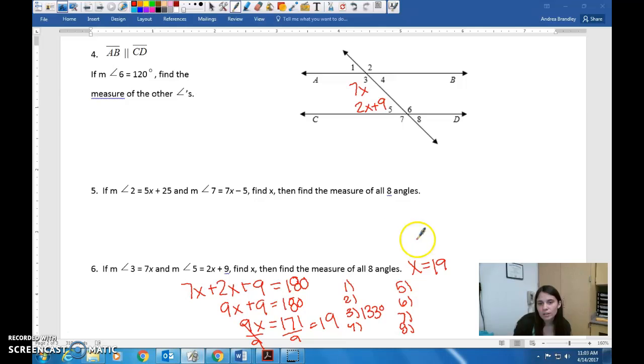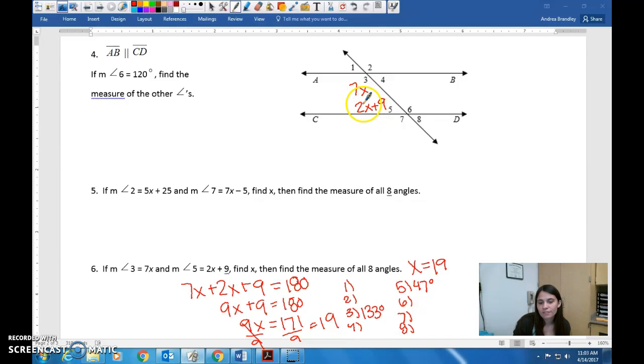And then if I plug 19 in here, 2 times 19 plus 9 is 47 degrees. So angle 5 is 47 degrees. So now I can check that answer because if I do 133 plus 47, it's equal to 180, which is what I want to have happen because these are supplementary angles.